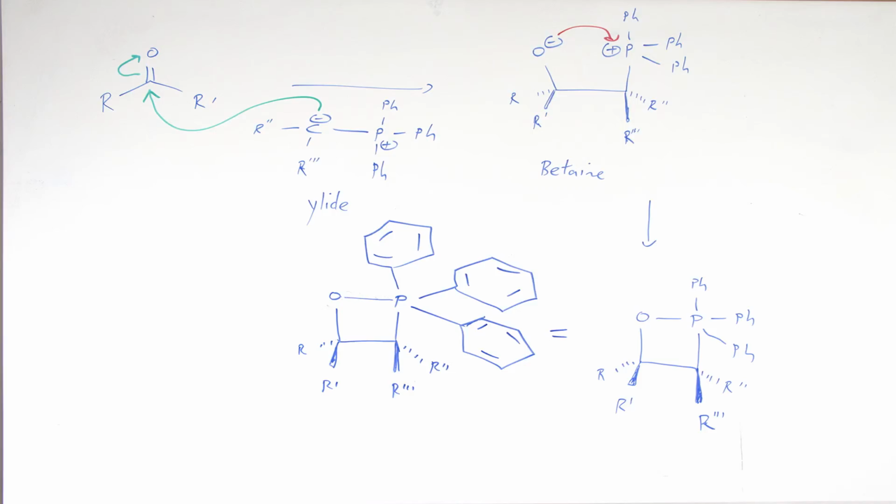Does this look like a reasonably stable, happy camper type structure to you? Absolutely not. That phosphorus is a behemoth with 3 aryl groups attached to it. It is massive. So, what happened?